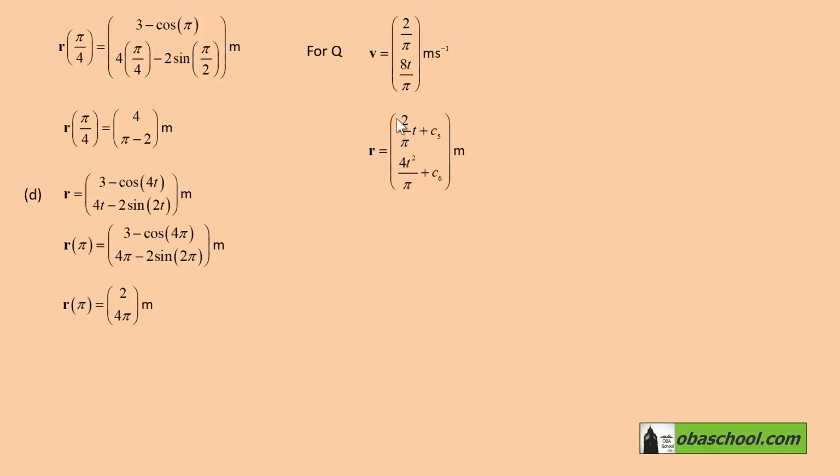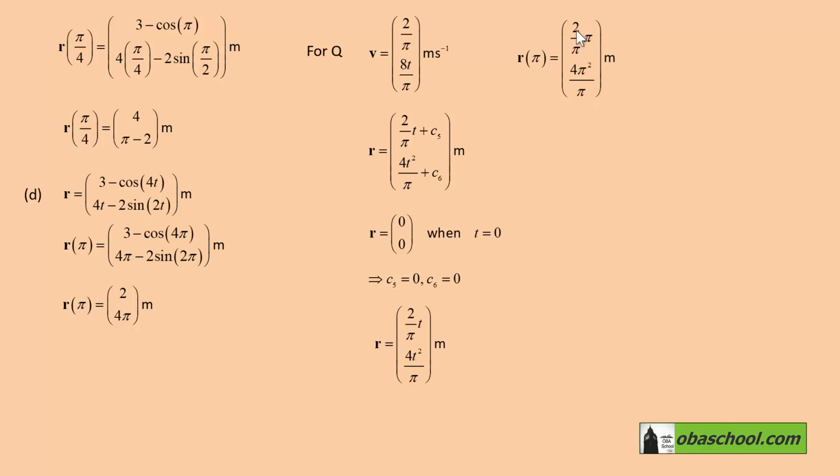So integrating that gives us 2/pi t plus, I've called this constant c5, and then integrating this we get 4t squared over pi plus constant c6. And we know that that particle started at the origin, and if you substitute in that r is (0, 0) and t is 0, you'll find that both of those constants are 0. So in other words, r is (2t/pi, 4t squared/pi).